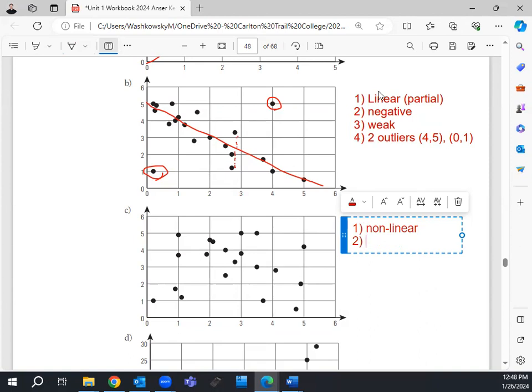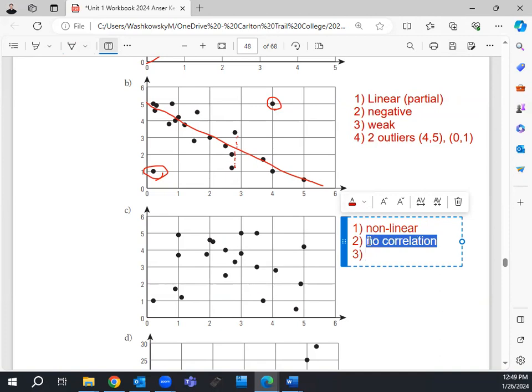Now, because it's non-linear, that means there is no correlation. I have correlation if I can fit a line in there, or if it just makes logical sense. In this case, there's no correlation. There's not a strong one, there's just none.